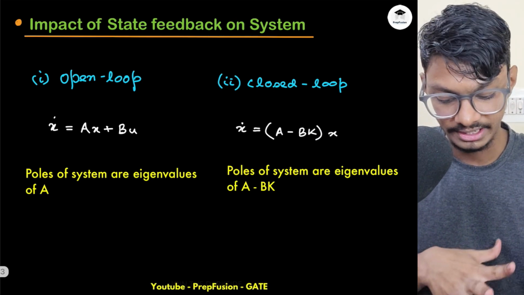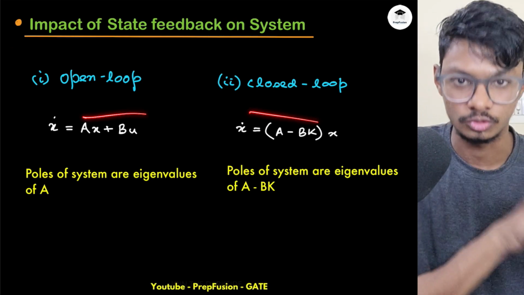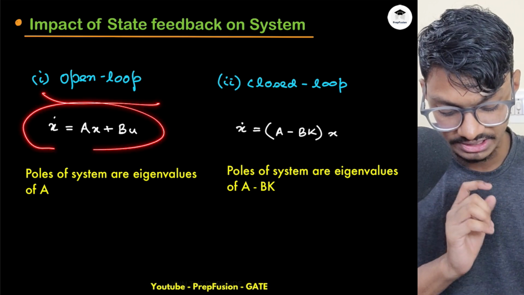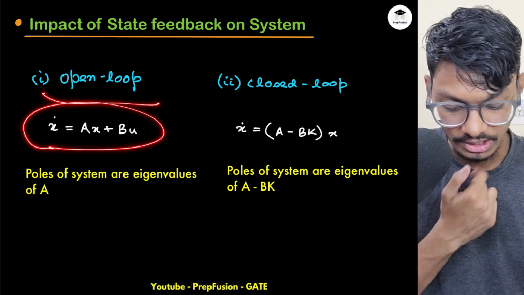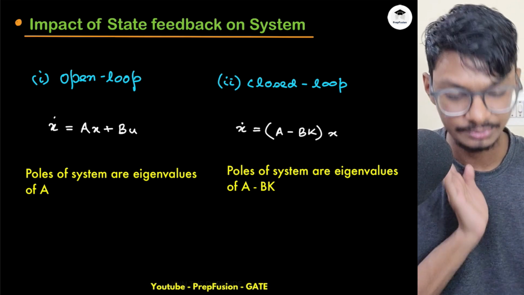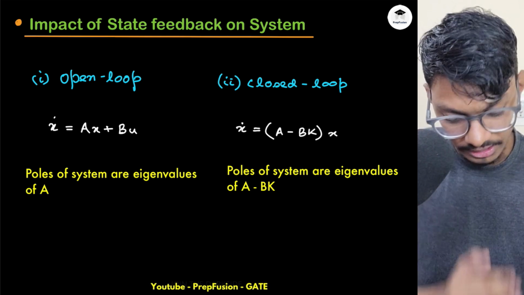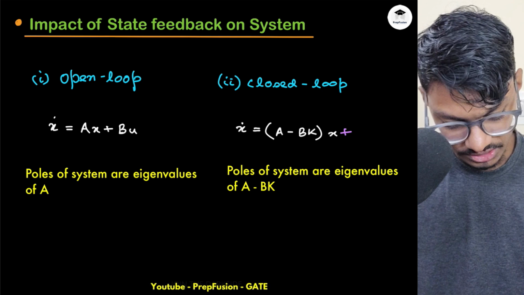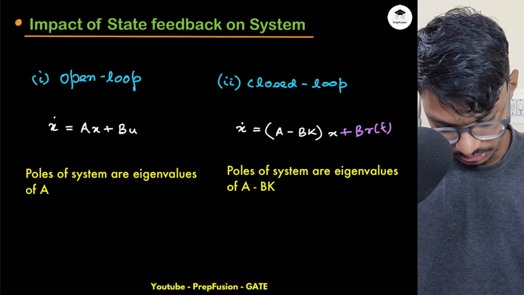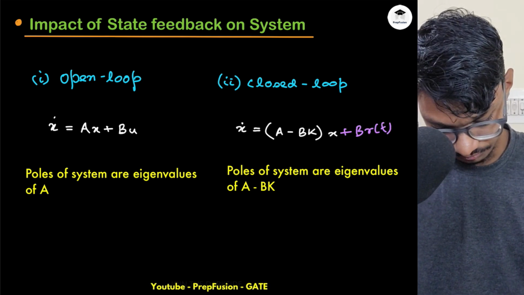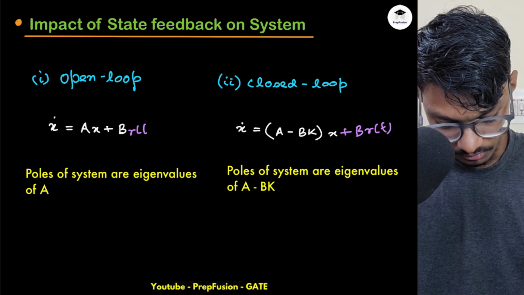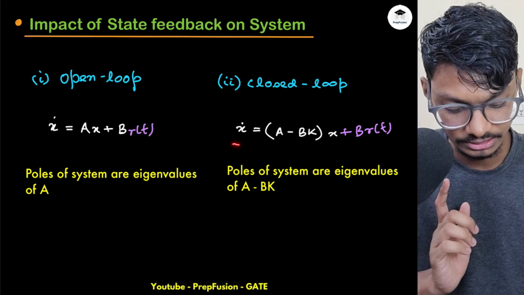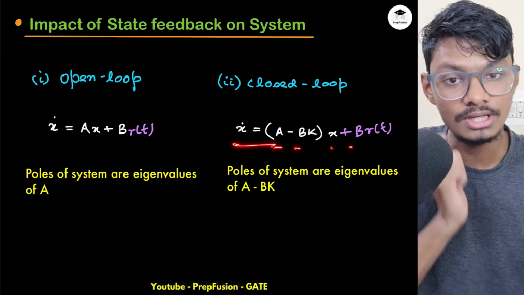Here I have shown the difference between open loop and closed loop. If we have open loop, then our state space equation is simply x dot equals ax plus bu. But if we have feedback, then our equation becomes, this is actually r of t, sorry, a minus bk x plus b r of t.